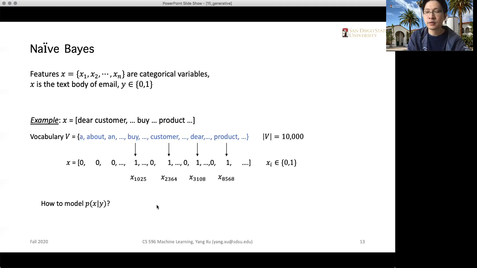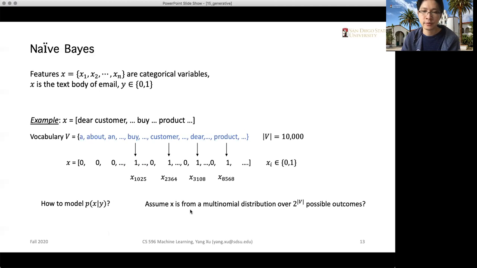But if we're going to model the likelihood of this email, P of X given the label y equals 0 or 1, then if we assume the feature vector X is from a multinomial distribution, that is, all the V components of this vector have two possibilities, either appear or not, right?